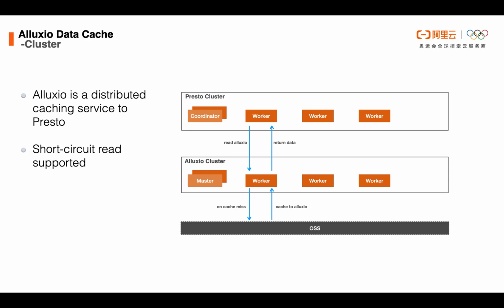And in the cluster mode, Alluxio is a distributed caching service to Presto. That means Alluxio will be a separate process and maybe a separate cluster, and Presto can read data from all Alluxio nodes.